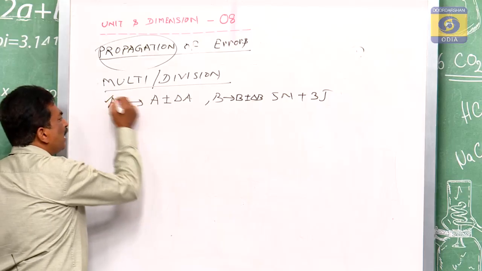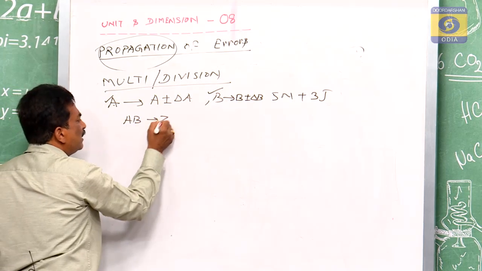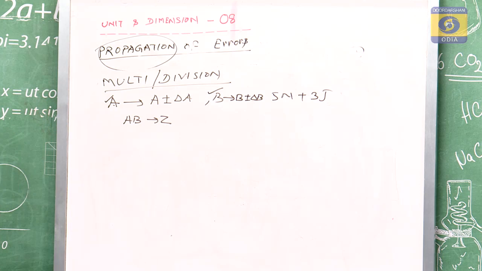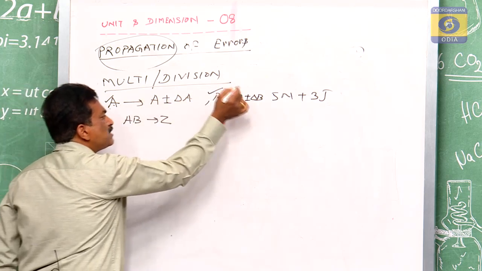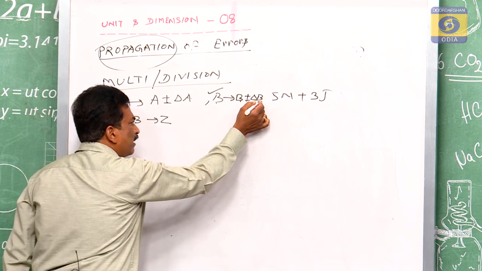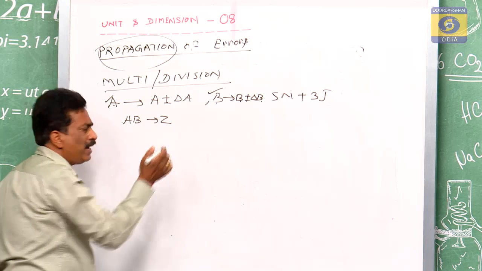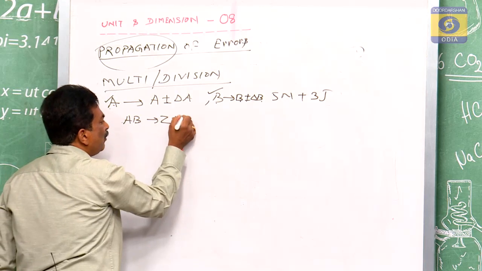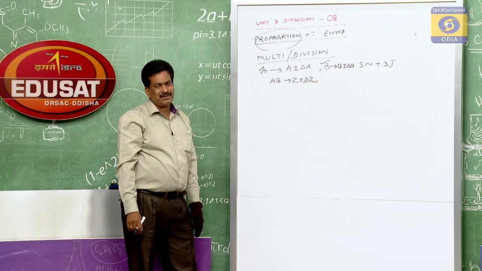If it is really A and really B, then the multiplication provides Z. But A is not A, B is not B, with this factor. So A into B will never be Z. With that, there will be some factor. Are you clear or not?